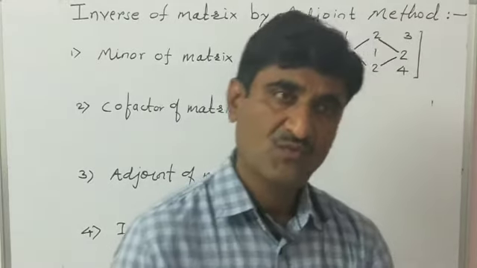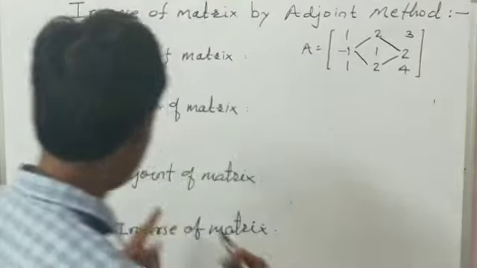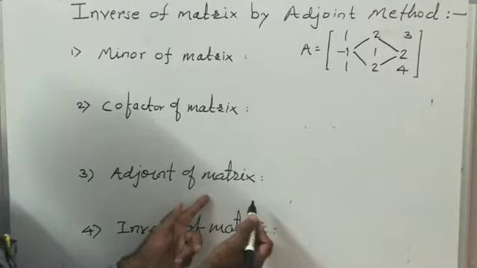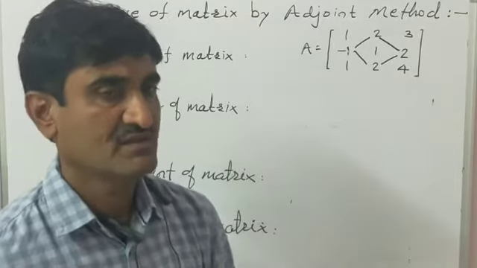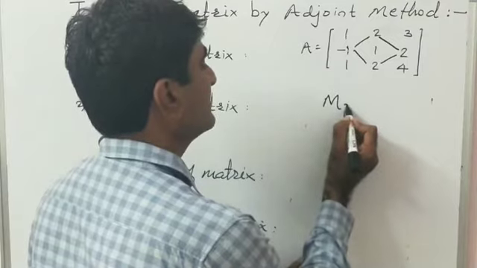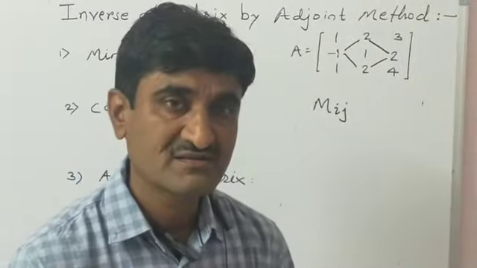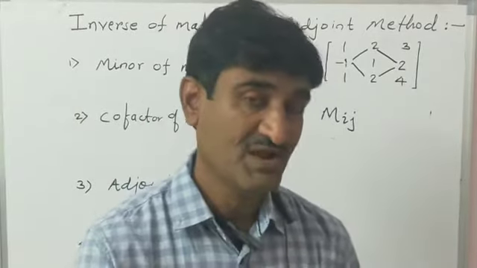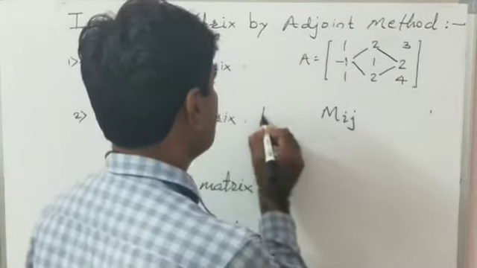Now what is the adjoint of a matrix? Here we find the minor first. Suppose this is the minor Mij. We find the minor, then we multiply by the coefficient, and that gives the cofactor element.